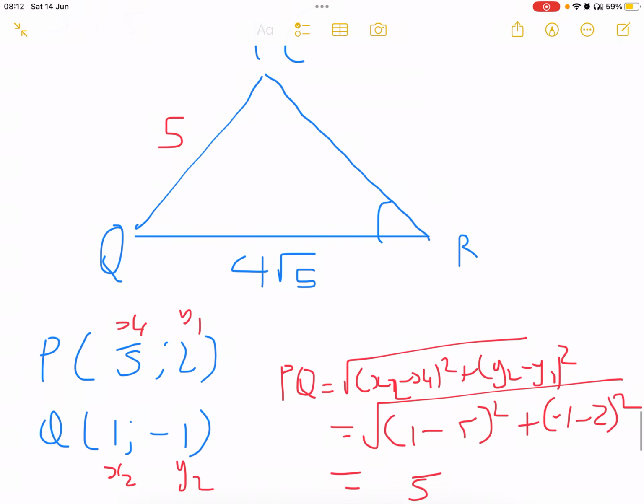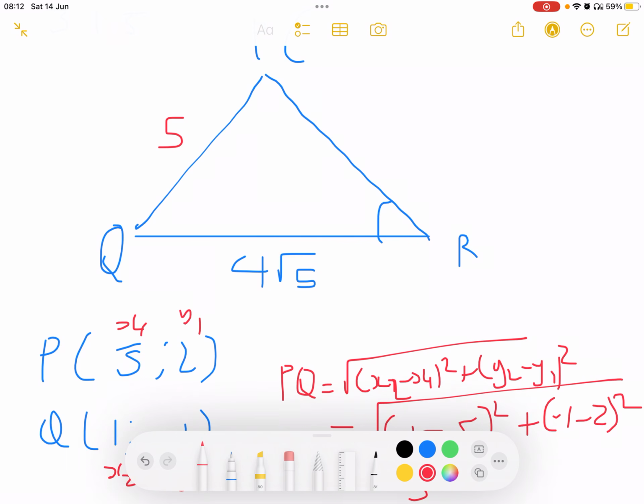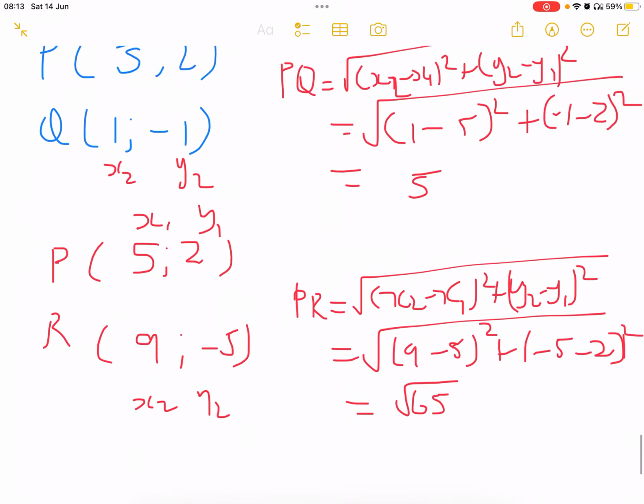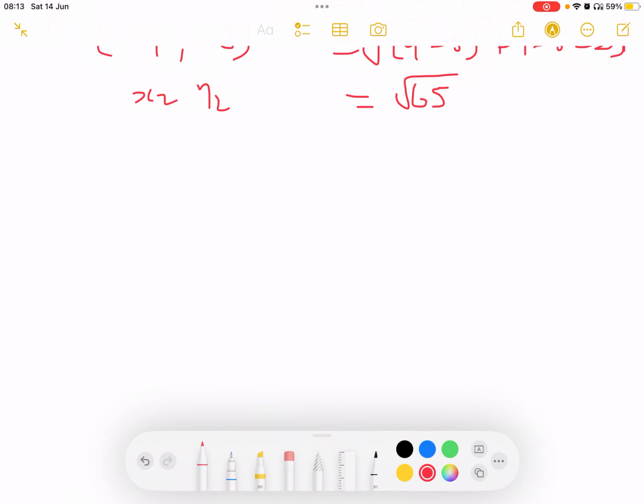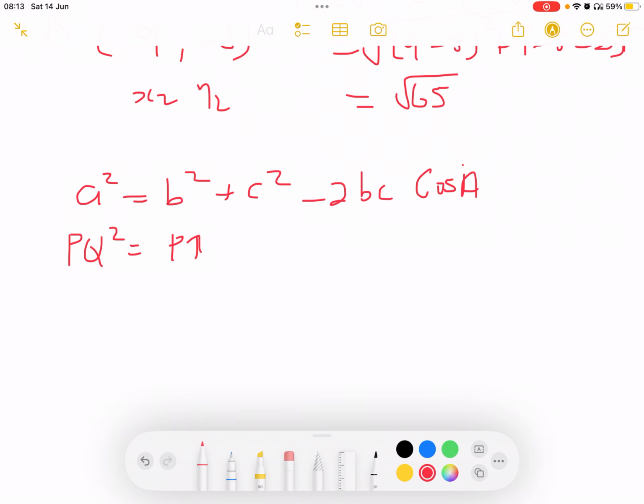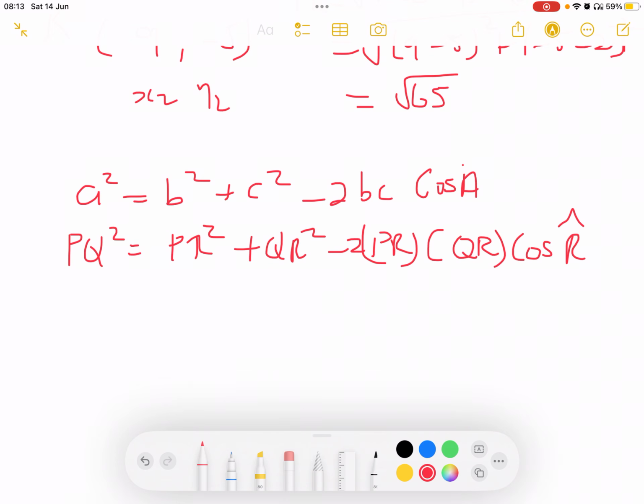Now, I always like coming back here. So if we're looking for this angle, we're going to use this side as side a and this side as side b, therefore this side is side c, so that we can use our cosine rule formula that says a squared equals b squared plus c squared minus 2bc cos A. Then we label that to PQ squared equals PR squared plus QR squared minus 2 times PR multiplied by QR cos of angle R. Then the next thing is substitution.